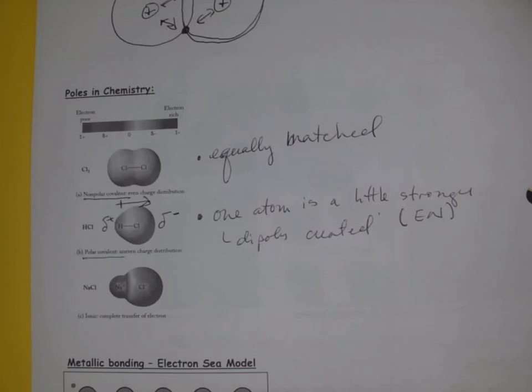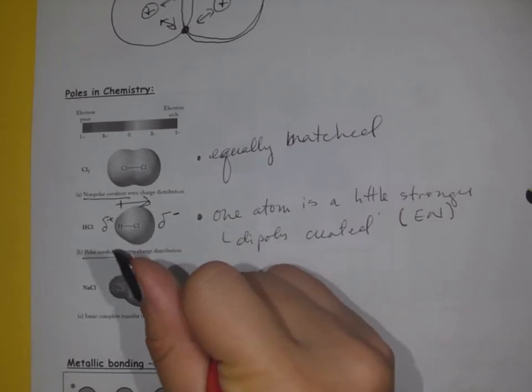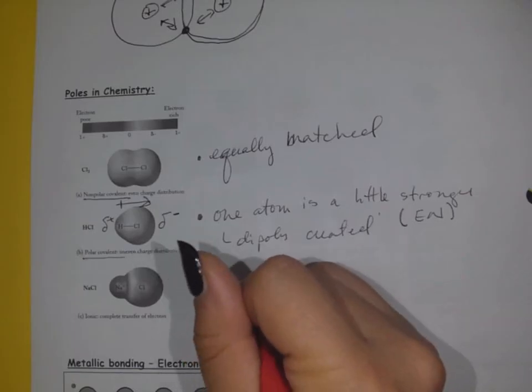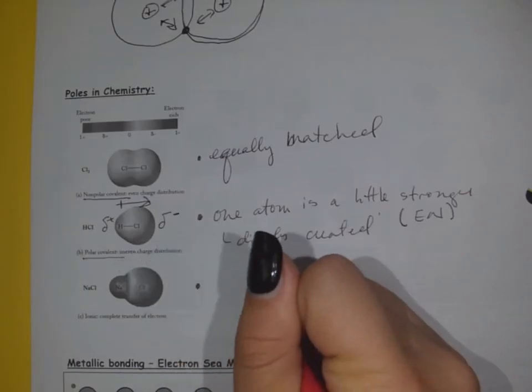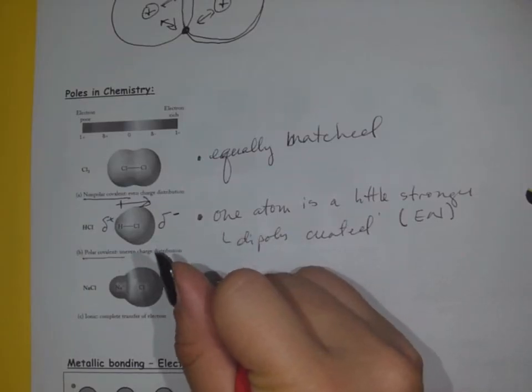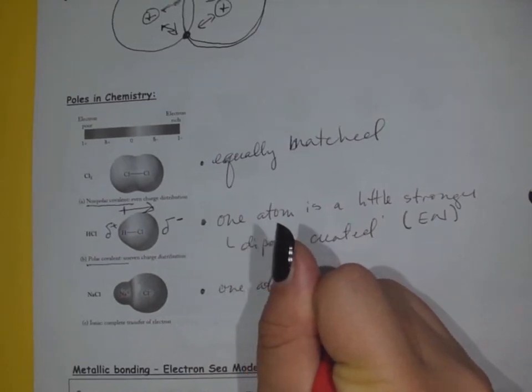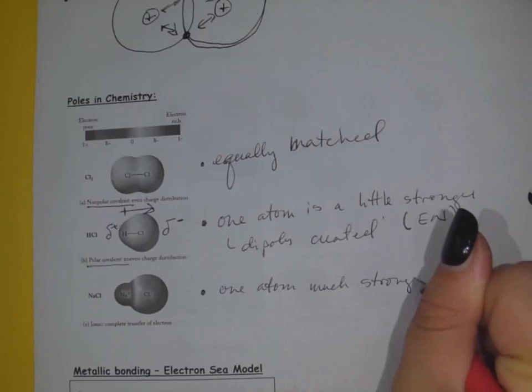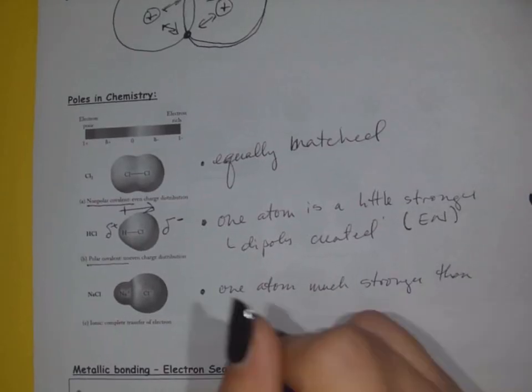Okay. Now, when the battle can be won, when one atom is clearly much stronger or has a much higher electronegativity than the other, then one atom wins the tug of war and one atom loses. Okay, so one atom much stronger than the other.